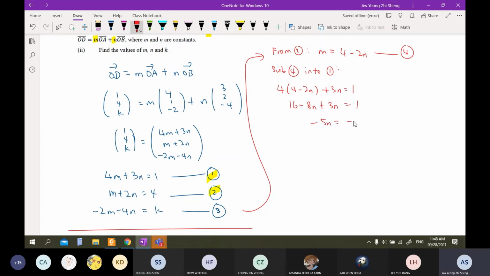Minus 5n is minus 15, then n is 3. Sub n equals 3 into equation 4. That will be convenient. So m is 4 minus 2 times 3. m will be negative 2.